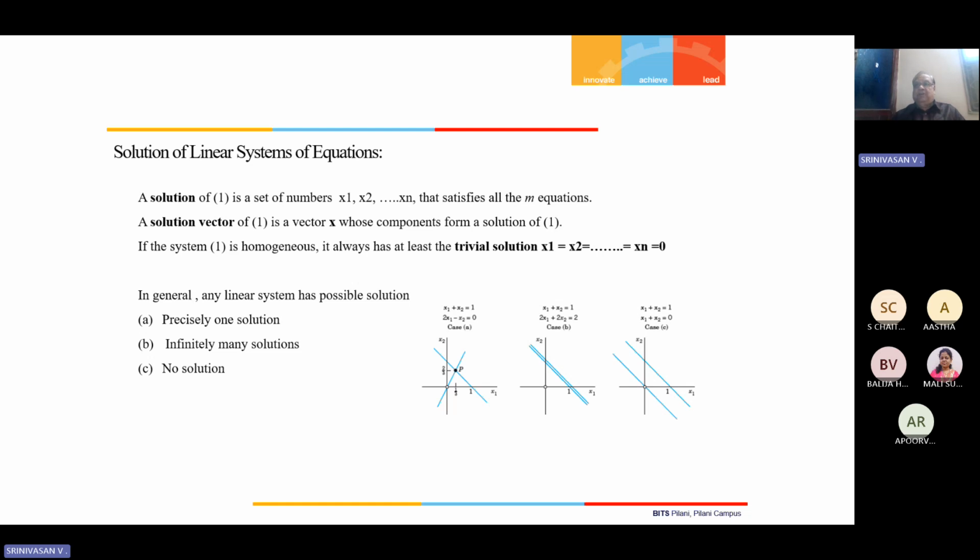Coming to the last one, here it is actually parallel in the sense that the lines never meet. You see that x1 plus x2 equal to 1 and x1 plus x2 equal to 0. The equation x1 plus x2 equal to 0 passes through the origin, and x1 plus x2 equal to 1 is offset from it, something like your slope-intercept form.